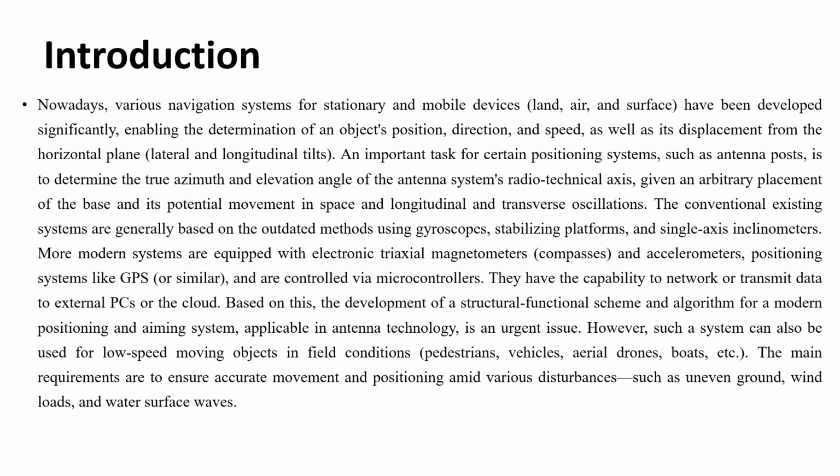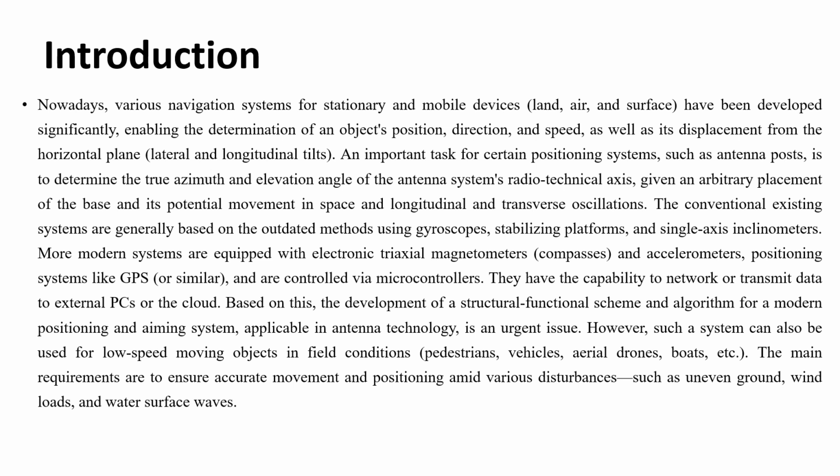The conventional existing systems are generally based on outdated methods using gyroscopes, stabilizing platforms, and single-axis inclinometers. More modern systems are equipped with electronic triaxial magnetometers and accelerometers, positioning systems like GPS, and are controlled via microcontrollers.